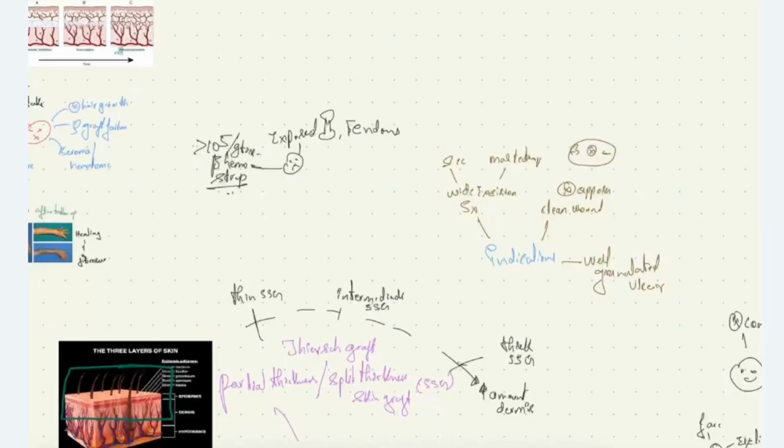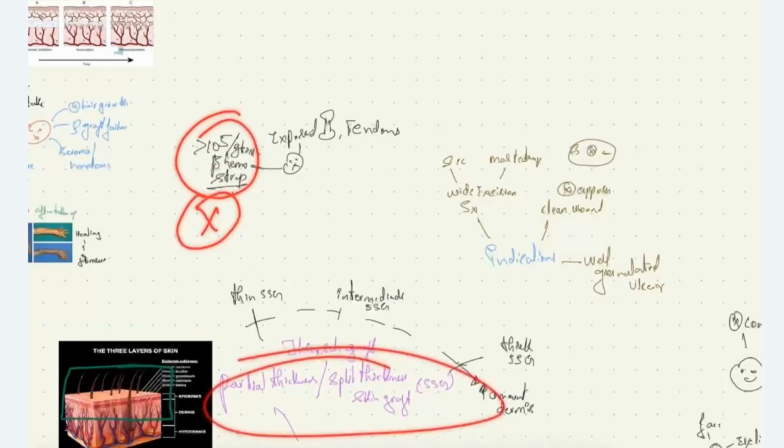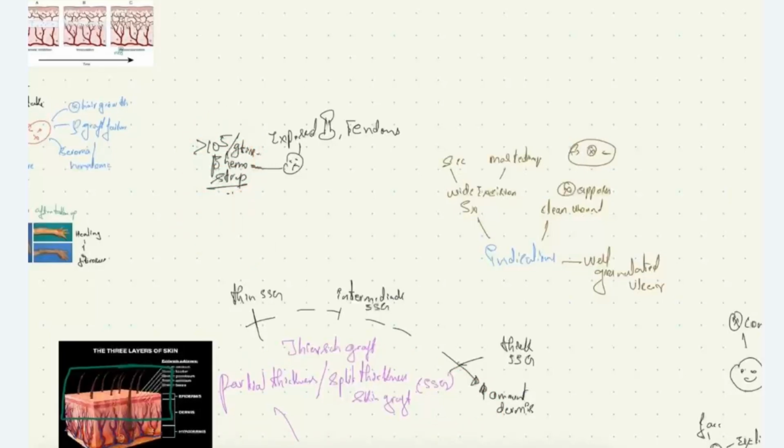And if in the wounded area beta hemolytic streptococci is more than 10 to the power of 5 per gram of tissue, the patient will not be eligible to undergo split skin grafting because it undergoes infection after the grafting and there will be rejection of the split skin graft.